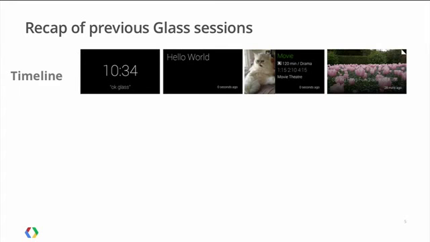Before I dive right into the talk, I'd like to do a short recap of what has already been covered at probably the two previous Glass Track sessions, with developers for Glass and Mirror API. The name of our Glass system's main interface is the timeline. It's basically a strip of cards laid out horizontally.